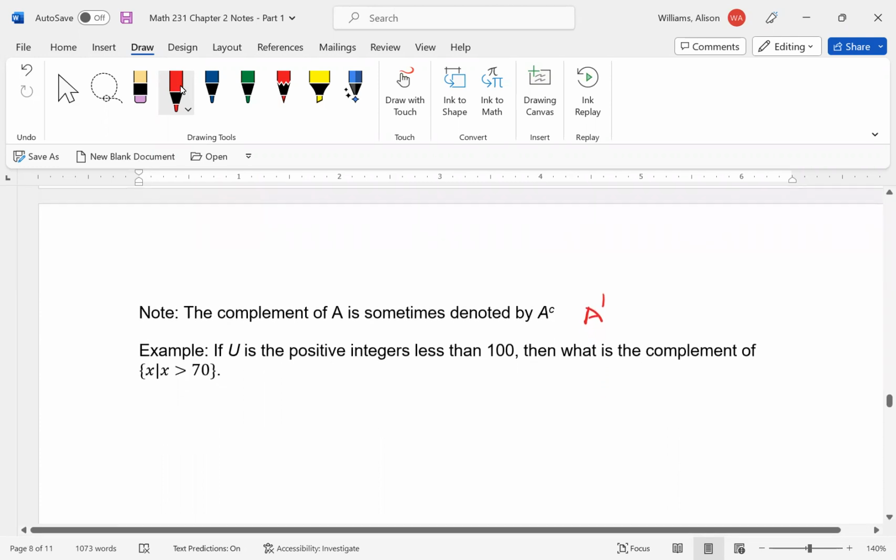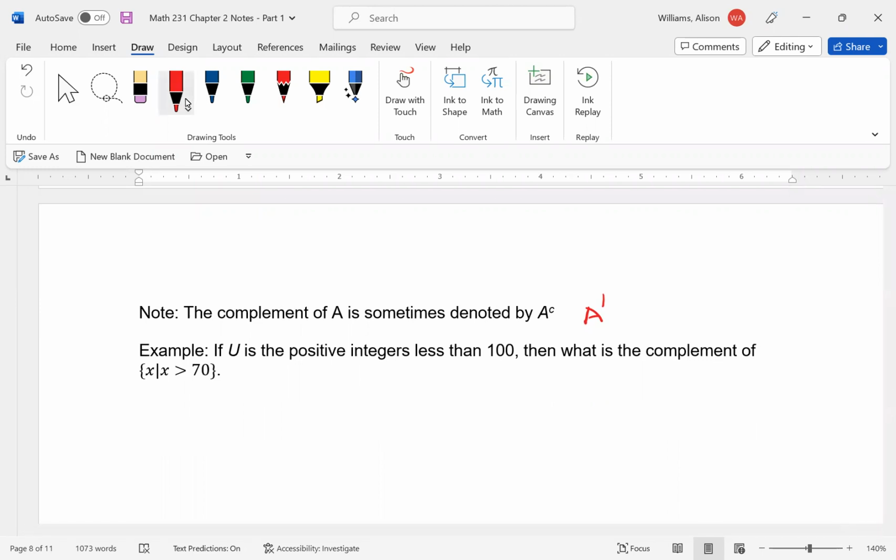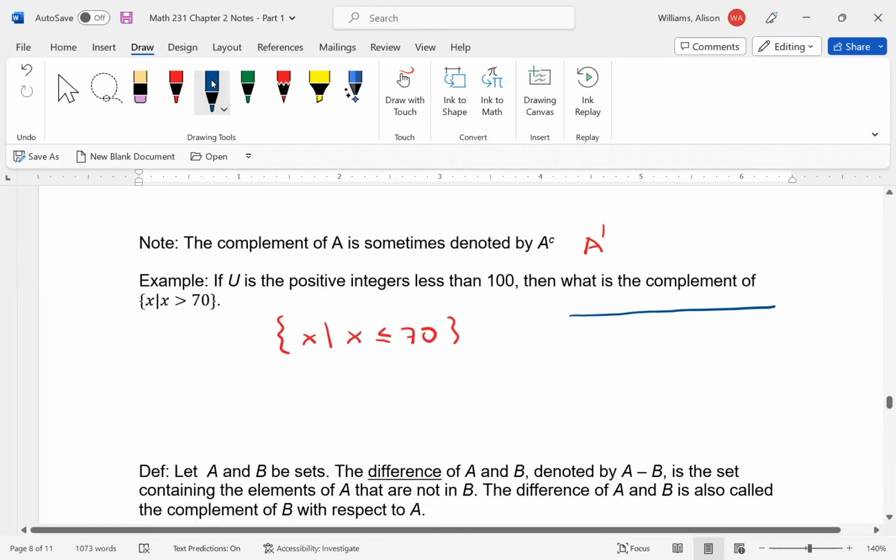If U is positive integers less than 100, what is the complement of this set? Well, that would be all X, where X is less than or equal to 70. So we're switching the inequality, adding the equal to sign because that is a possibility. Let me go ahead and draw the complement of this.